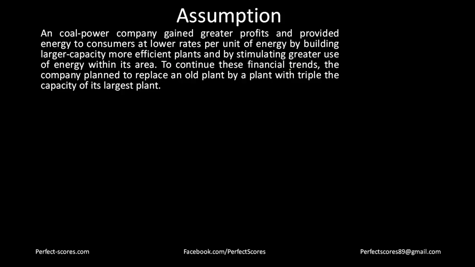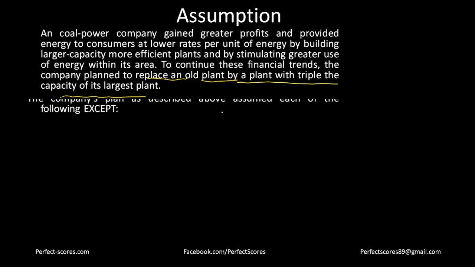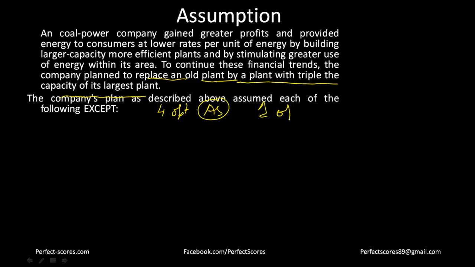To continue these trends, the company planned to replace an old plant by a plant with triple the capacity of its largest plant. The question is, the company's plan assumed each of the following except. That means 4 out of 5 options will be the assumptions. The one option that is not the assumption, that is our target.